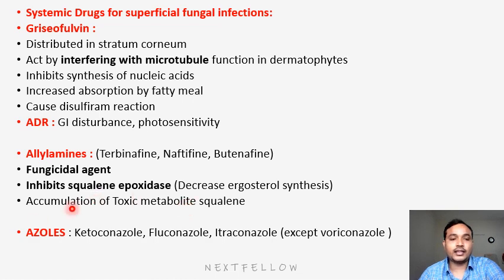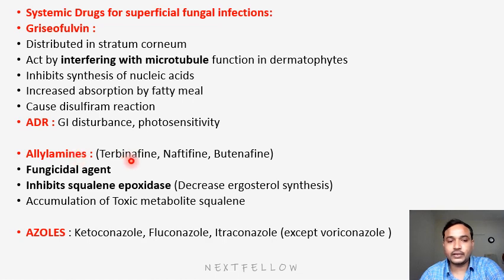Another drugs will be azoles: ketoconazole, fluconazole, itraconazole. These are also effective in superficial fungal infection except voriconazole. This is regarding systemic drugs for superficial fungal infection. The main important thing is griseofulvin, which interferes with microtubule formation. Next will be allylamines, that is terbinafine.